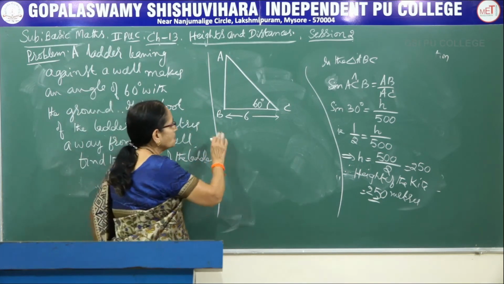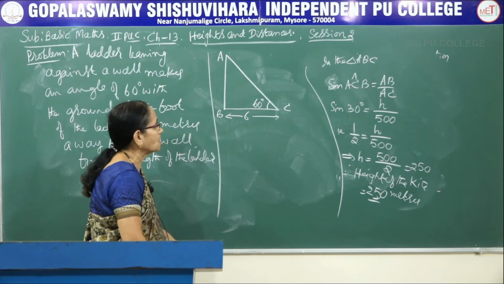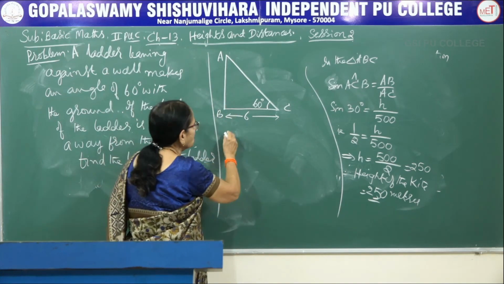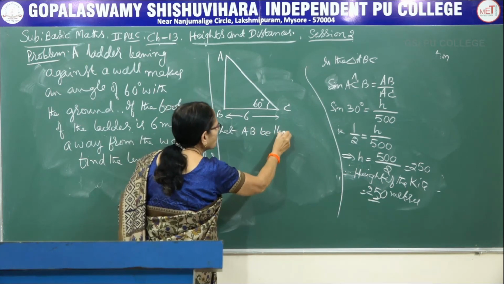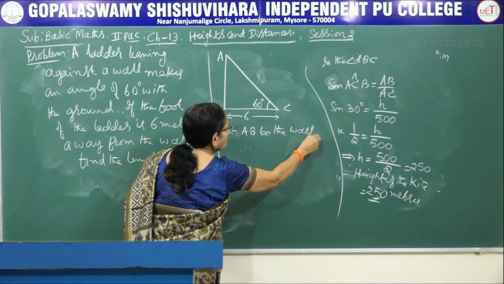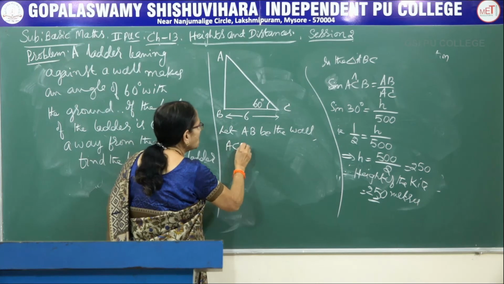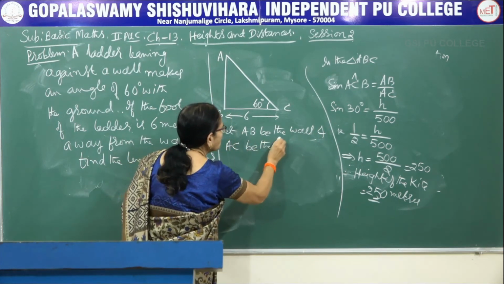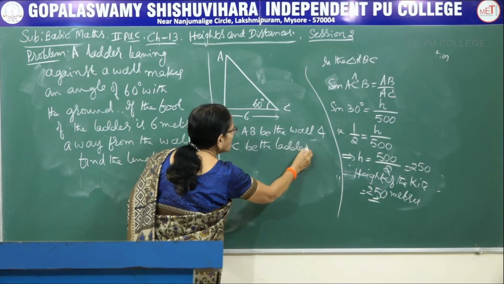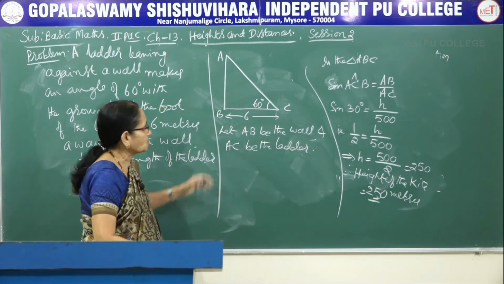Let me explain the figure and define what I have written here. Let AB be the wall and AC be the ladder. Of course, BC is the horizontal, the ground.